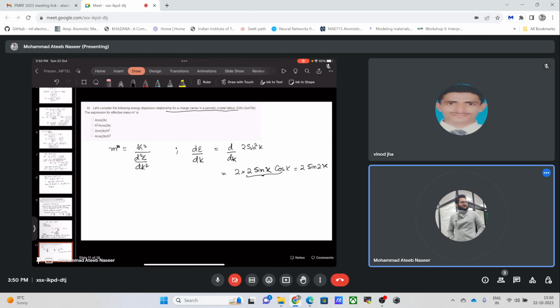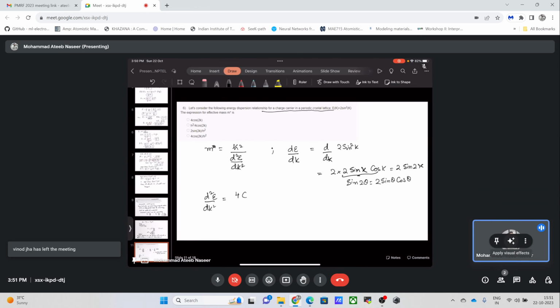2 times sine theta cos theta is sine 2 theta. I have just used sine 2 theta is equal to 2 times sine theta cos theta. Now d square E by dk square would simply be equal to 4 times cos of 2k.